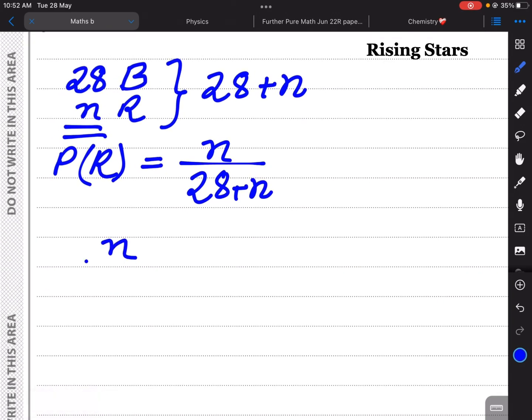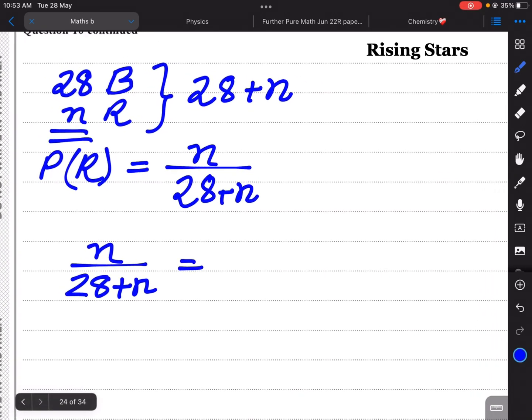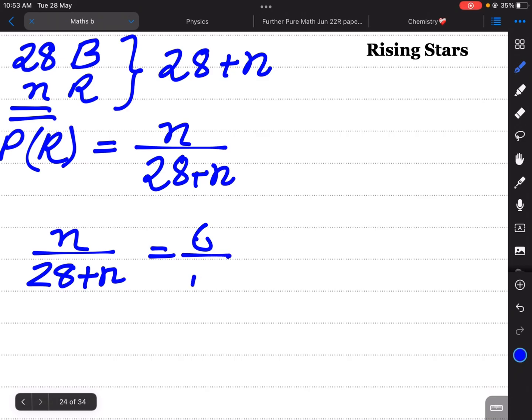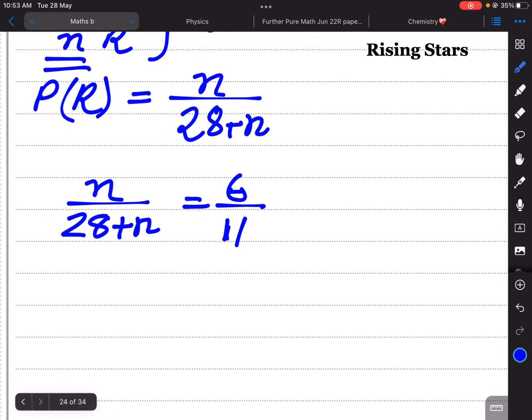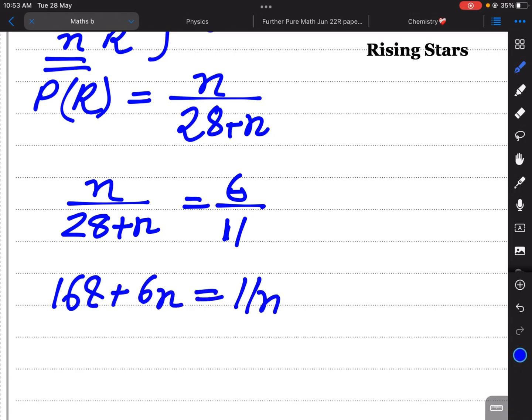সো n/(28+n) যদি আমরা এটাকে ইকুয়াল করি উইথ 6/11 তখন কি হবে? Cross multiplying we get 28 into 6 কত আসে? It's 168, so 168 plus 6n equals to 11n.